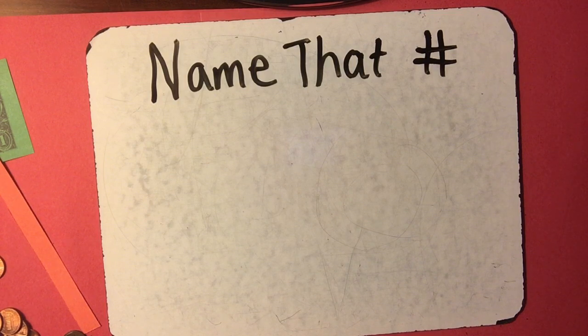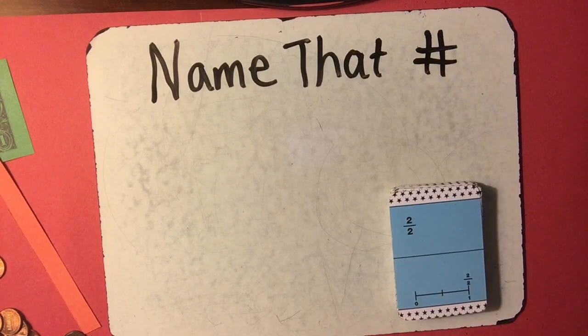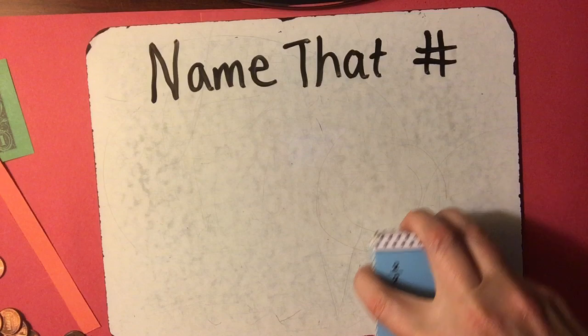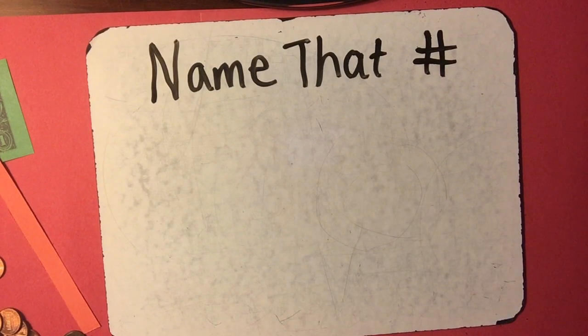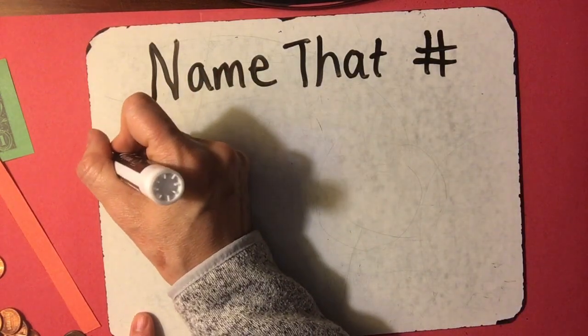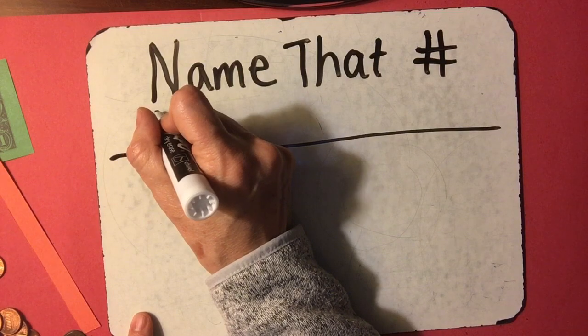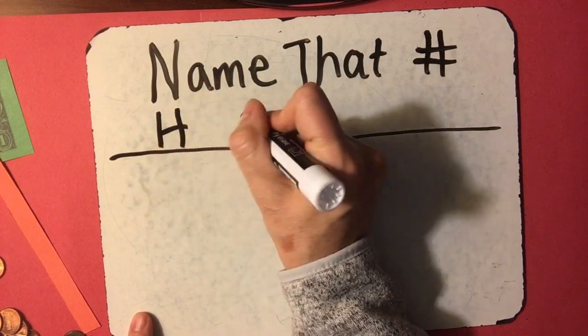Okay, so the way you play Name That Number, and if you're in my math class, you may have played this before, is you're going to get 5 cards. And they're going to come right from the top of the deck, okay? And what you're going to do is put them in the place value you want them to be in. So, let's go ahead and set up on a piece of notebook paper. Let's go ahead and set up our game board here.